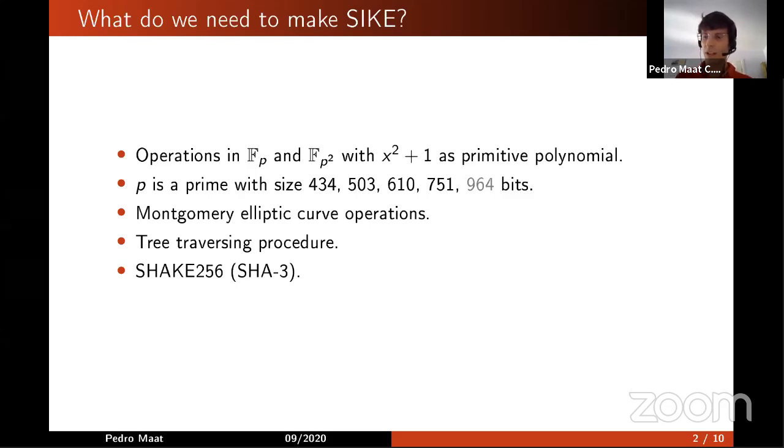At some point during the project, 964 was a possibility, but it's not anymore, which highlights the idea that we need to make implementations that can change with the parameters, because parameters usually change for new public key cryptosystems. On top of those field operations, we need Montgomery elliptic curve operations, a tree traversing procedure, and SHAKE256 from SHA-3.